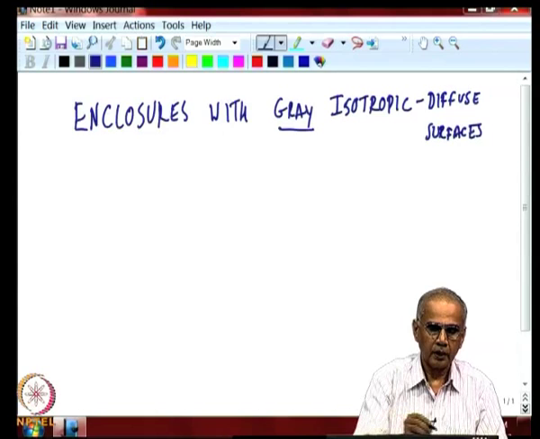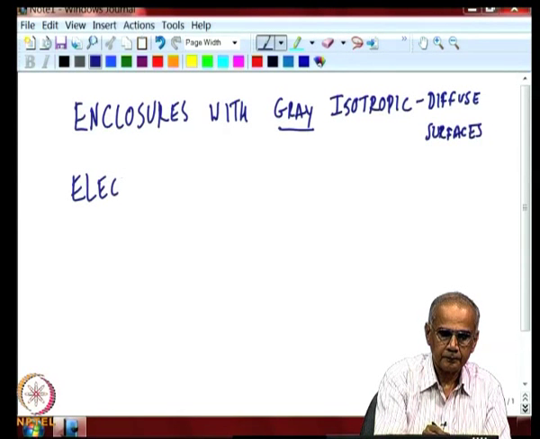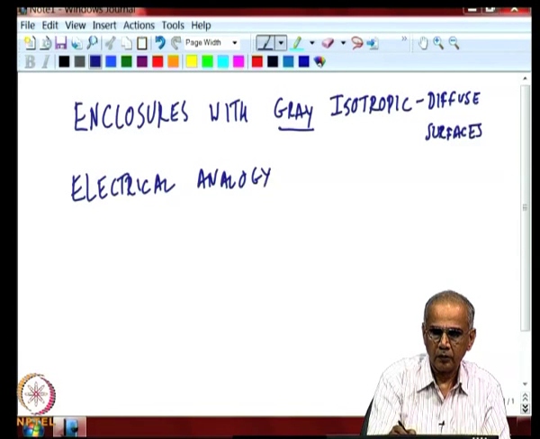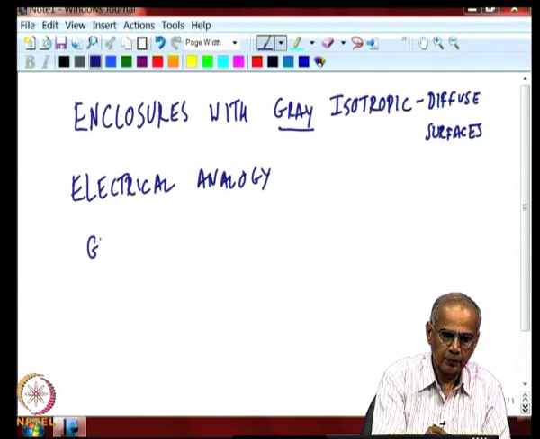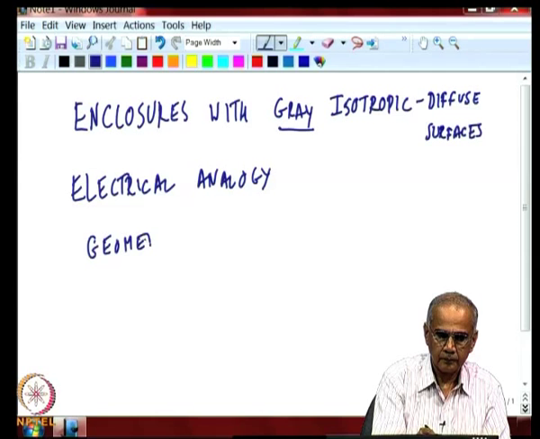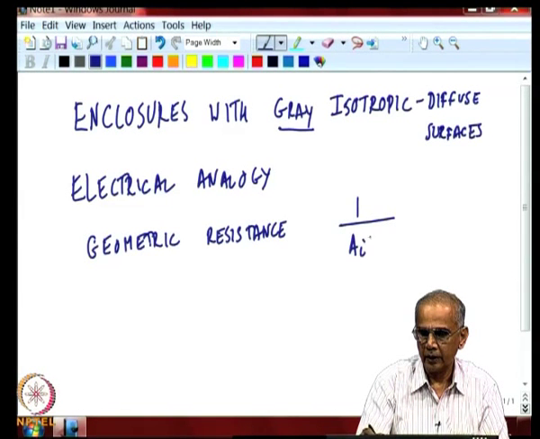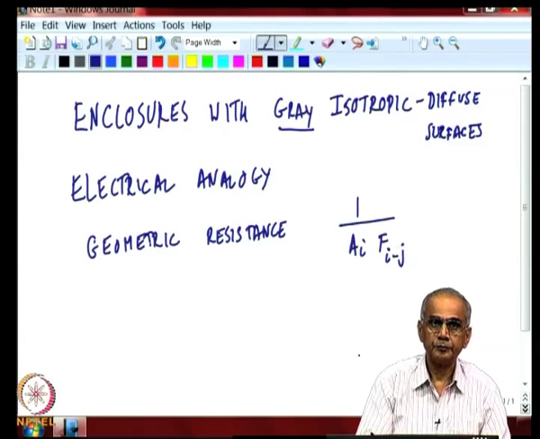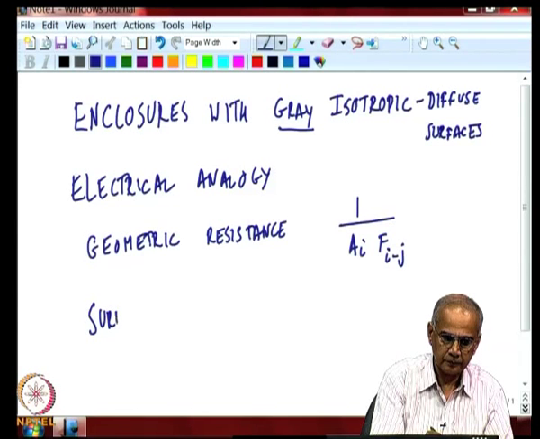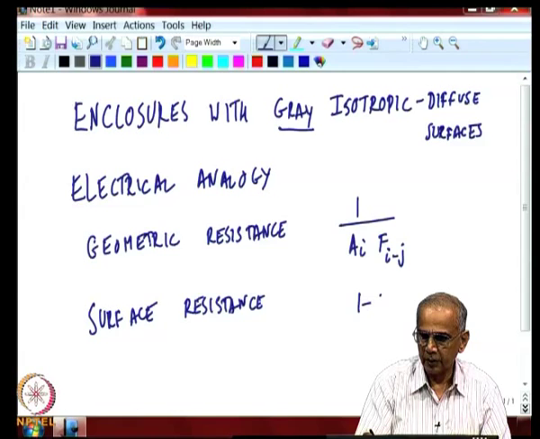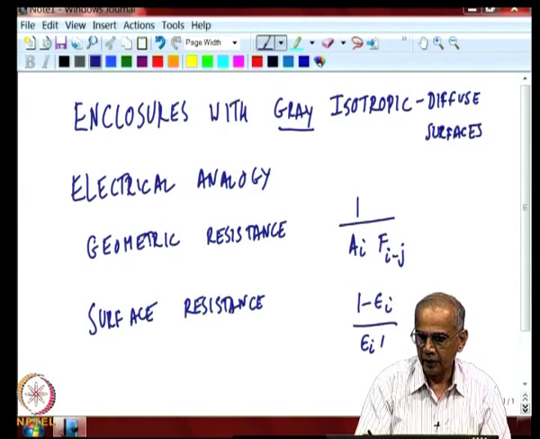So, we got a very simple electrical analogy, wherein we saw that the geometric resistance between any two surfaces is nothing but 1 over Ai Fij, and the surface resistance is 1 minus epsilon i by epsilon i Ai.